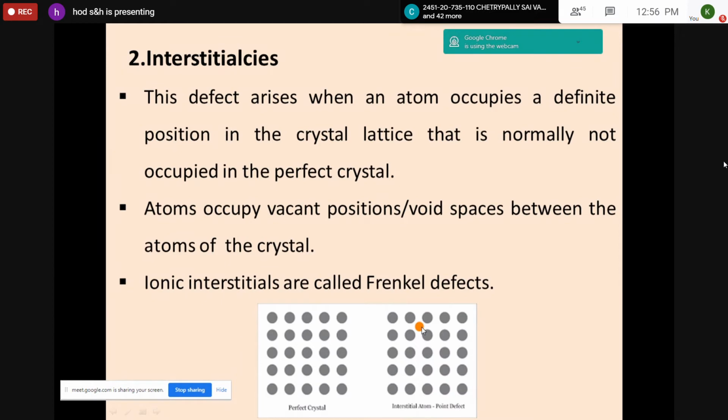These two are clear now. First one vacancy, second one interstitials. Vacancy is an empty atomic site. The lattice point is not occupied by an atom or ion, so there will be a vacant position. Here, an irregular position can be occupied by an atom, which is called interstitial.